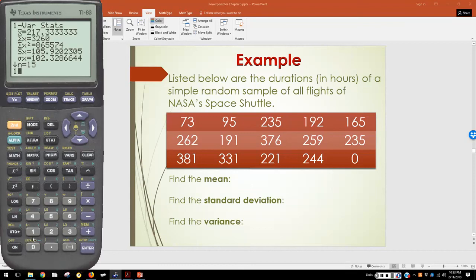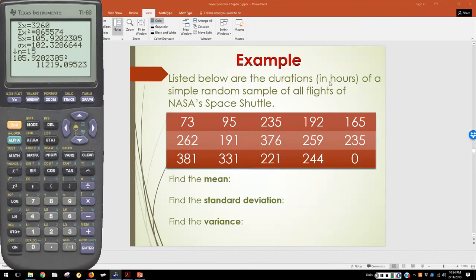And the variance is 11,219.1. That's a rather large variance, but remember the variance is the square of the standard deviation.